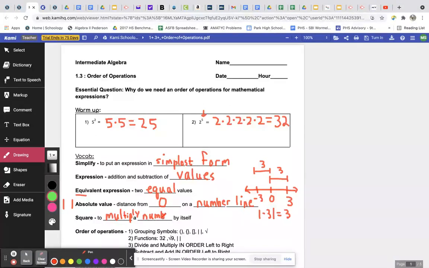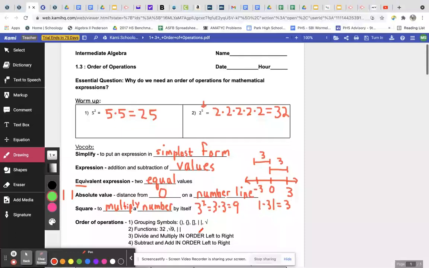So when we write square, you might think of it as 3 to the second power or 3 squared. It's just another way of writing it. 3 to the second power or 3 squared is 3 times 3. So it's just another way of saying we're multiplying something by itself.